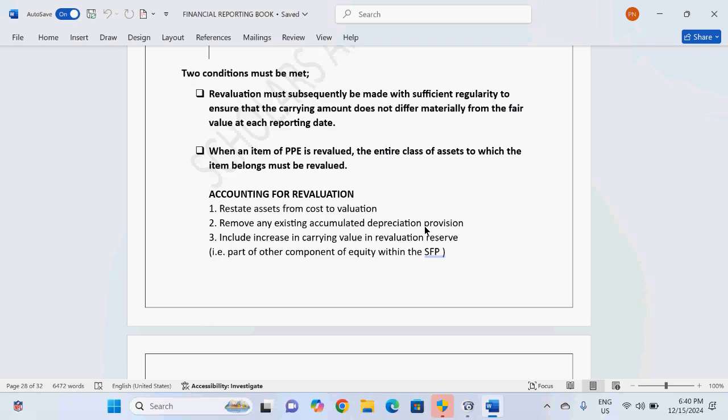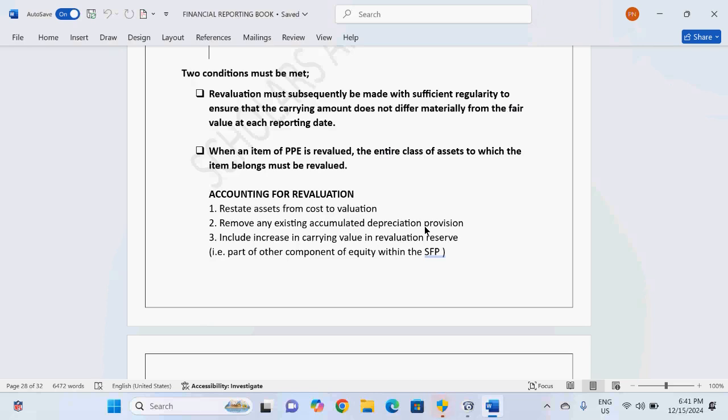So there must be some regularity to ensure that there is no bigger gap between the carrying amount and the fair value. So that is one of the conditions that must be met for the revaluation.